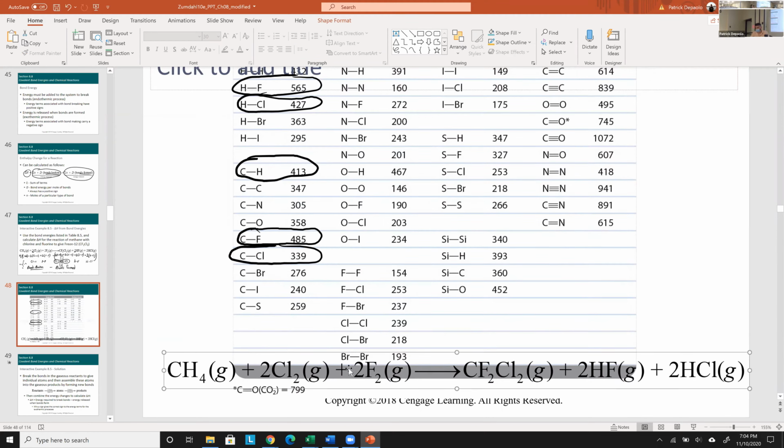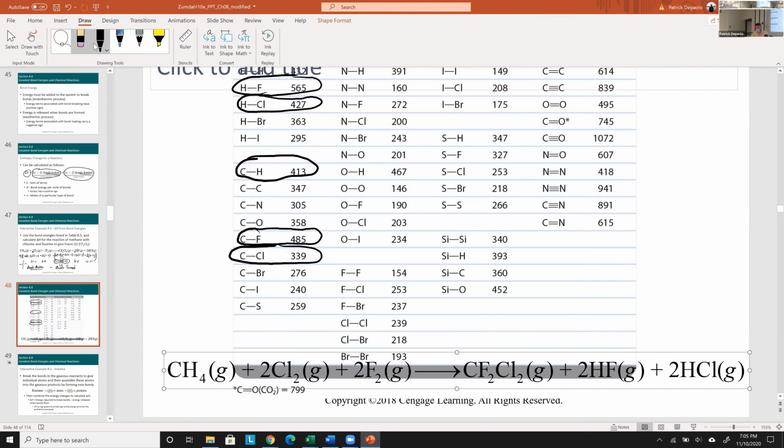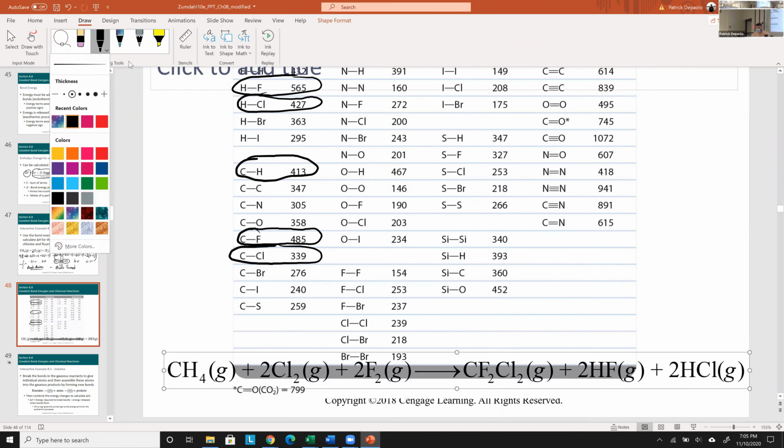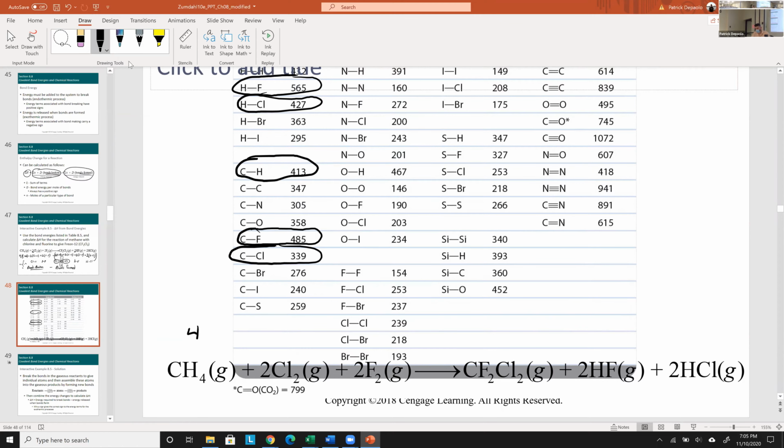Okay, if we can see that on the bottom, then all we have to do is do the stuff, right? So here's what I mean by do the stuff. There's 4 CH bonds here, so it'd be 4 times the CH. CH is 413. Plus, and we can put everything in parentheses, bonds broken in big parentheses, minus bonds formed in big parentheses.